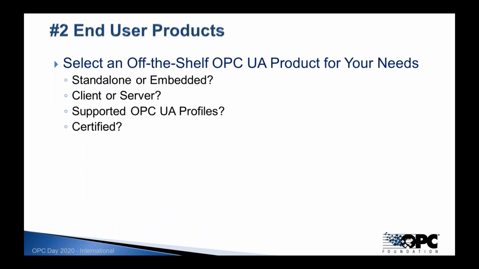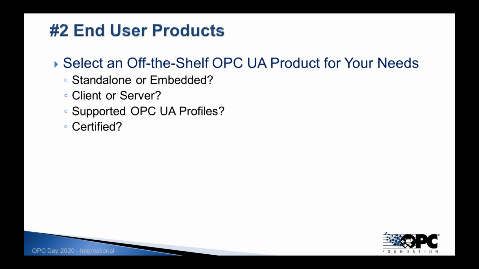Okay, but then you need to get the end user products, meaning off-the-shelf products that fulfill your needs, and these are in different categories. OPC UA is quite vast in features, as Uwe explained, so not all applications support all the features.